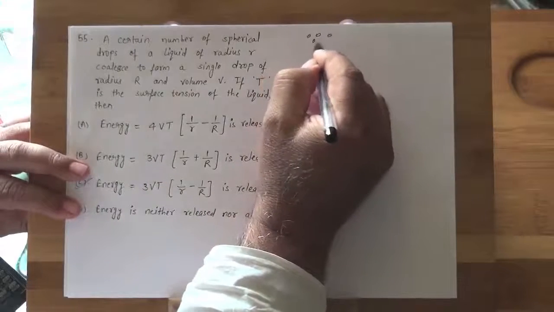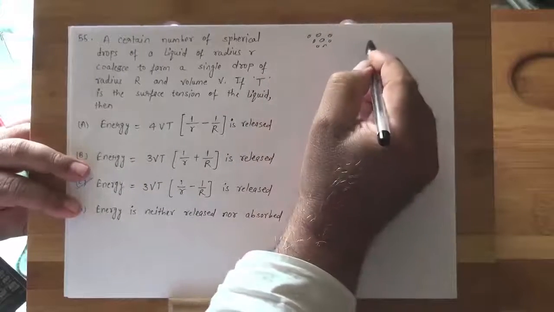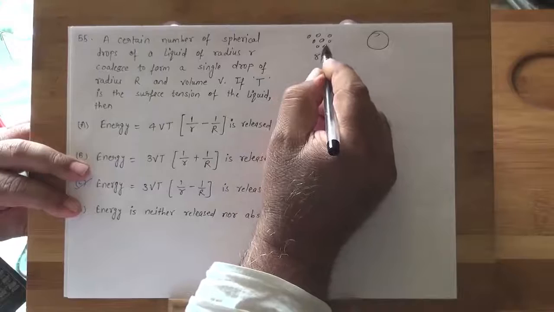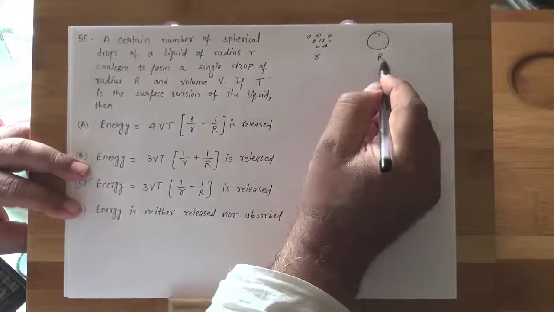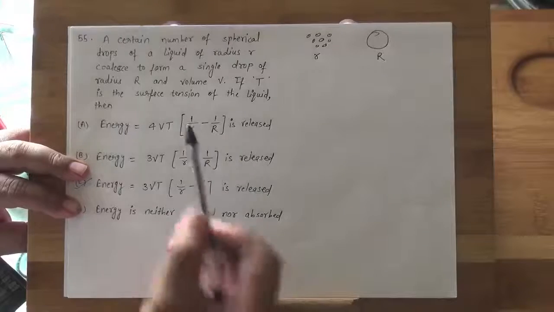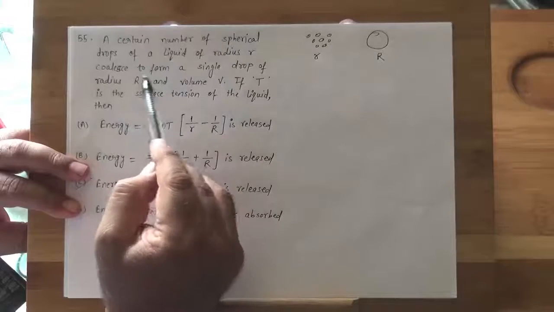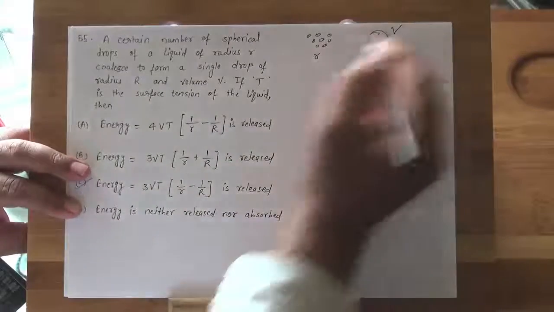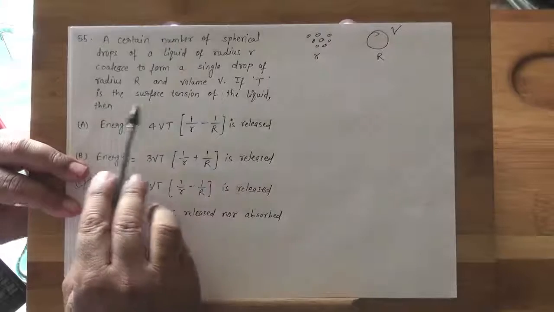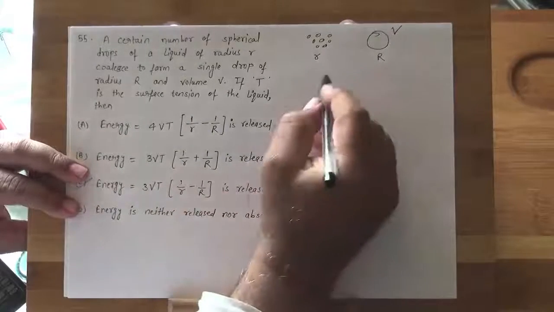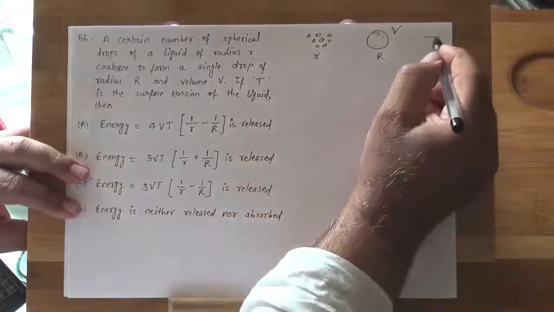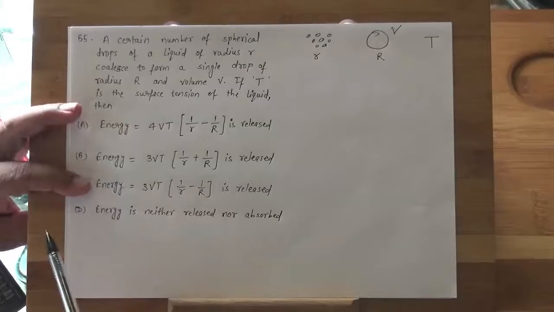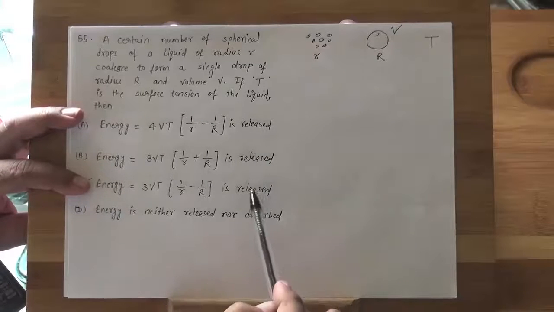These are the drops earlier, and we combined all of these and one big drop is formed. The radius of the individual drop is r, and the radius of this one is capital R. Its volume is V. If T is the surface tension of the liquid, surface tension T, then energy. We have to find out energy is released.